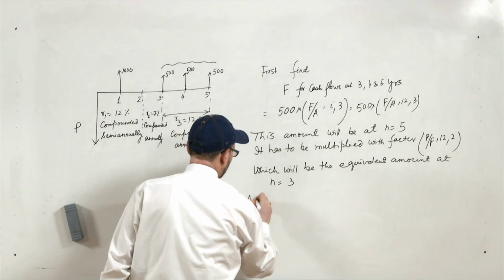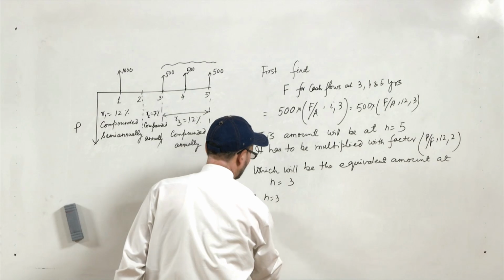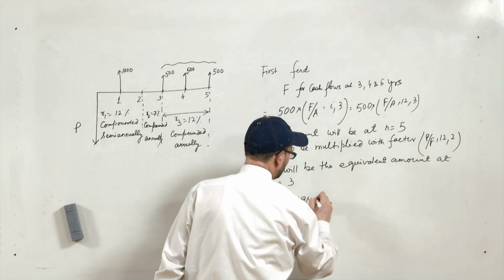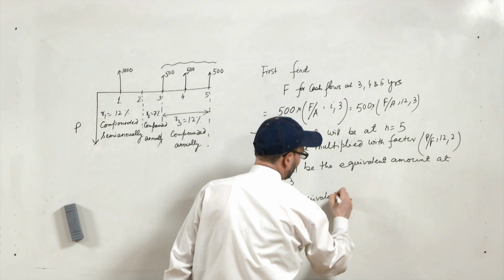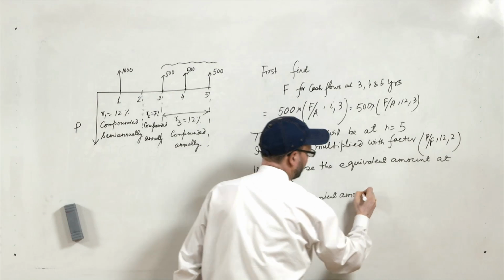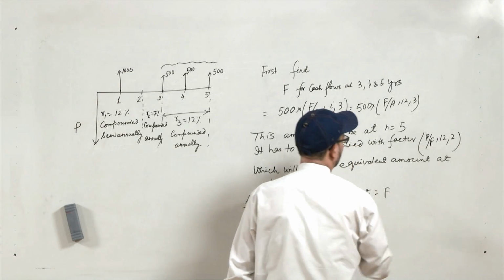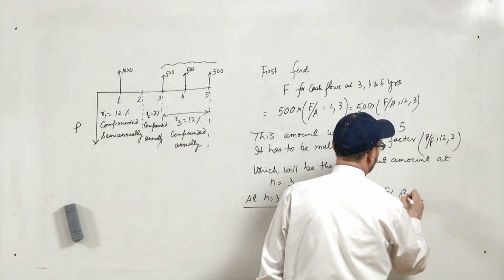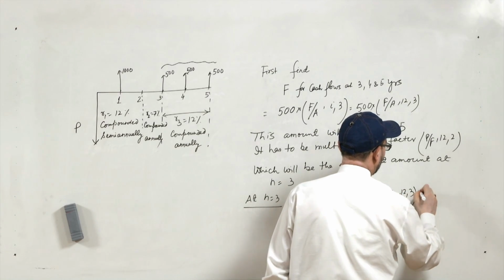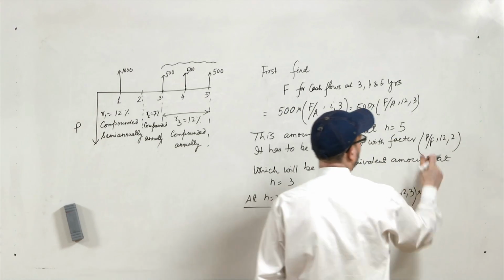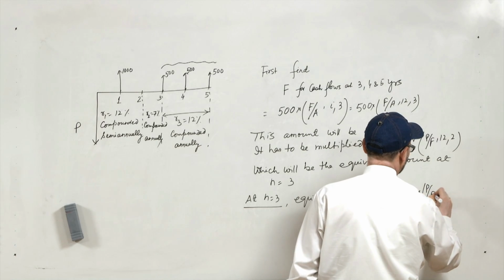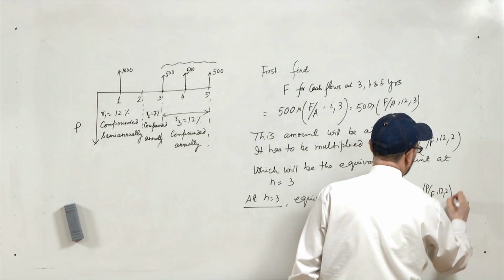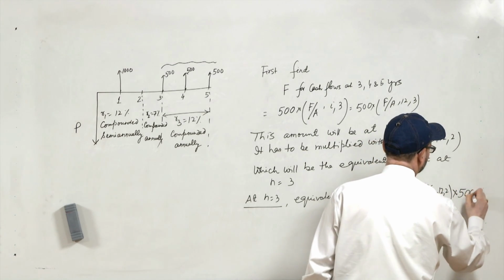So, at n equal to 3, the equivalent amount is F by A 12,3 multiplied by P by F 12,2 multiplied by 500.